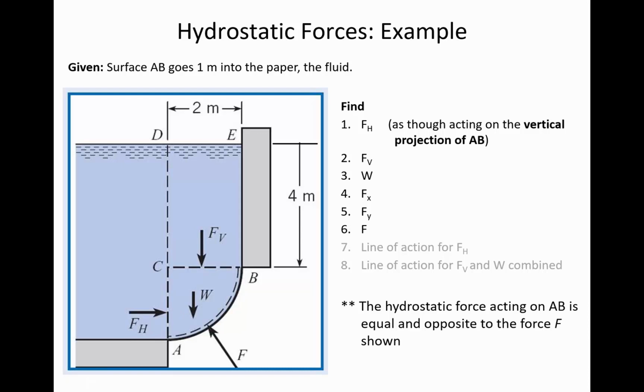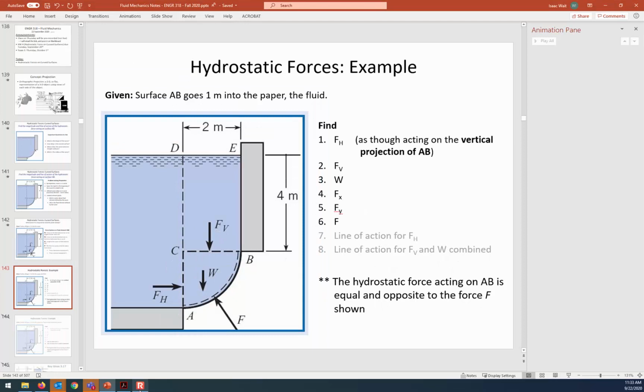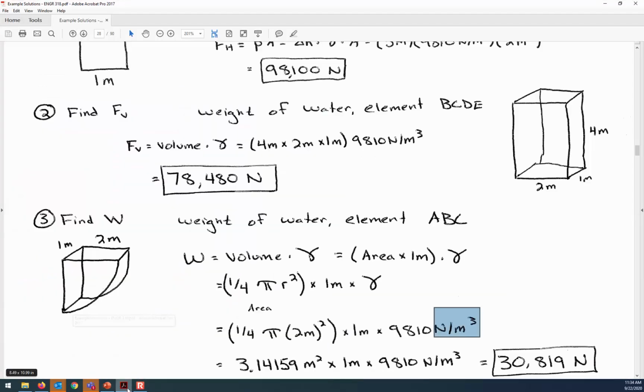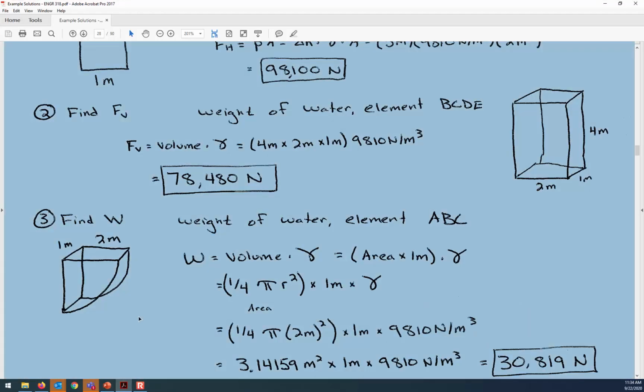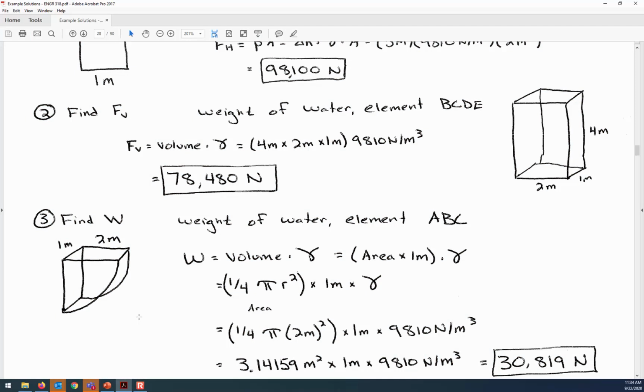So it's not right in the middle because it's at the center of the area for a quarter circle. So we will talk about that when we talk about the line of action, but since we've now calculated the magnitudes, I just wanted to briefly address that topic of its location as well. All right, so any questions so far with where we're at on this example?